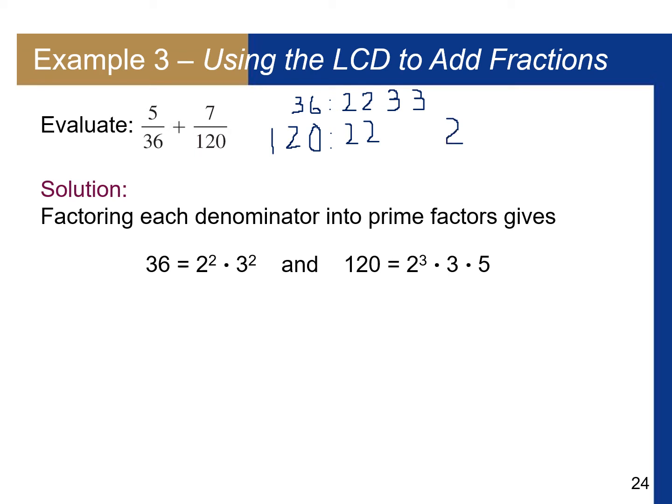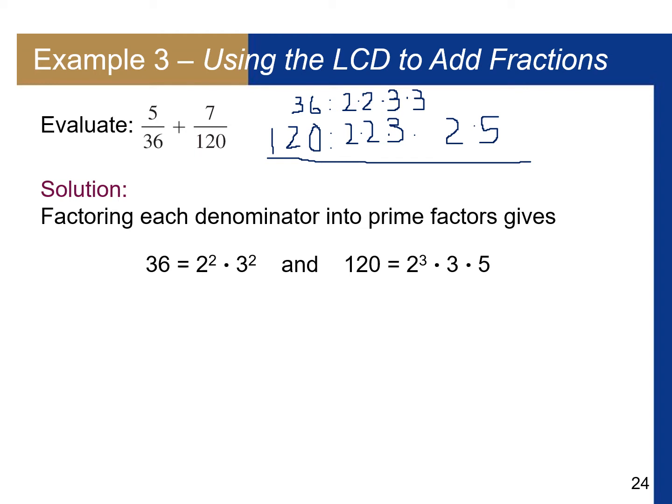And then I have 1 3. And then I have a 5, which isn't included anywhere else. So I'm going to put it over here also. Okay. Put these little dots in indicating that it's multiplication.